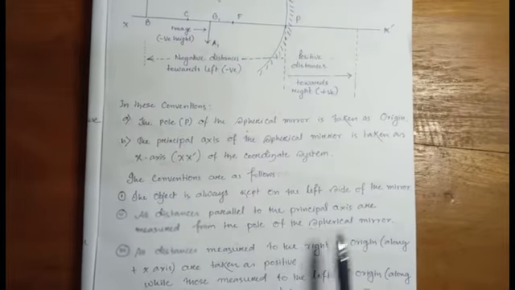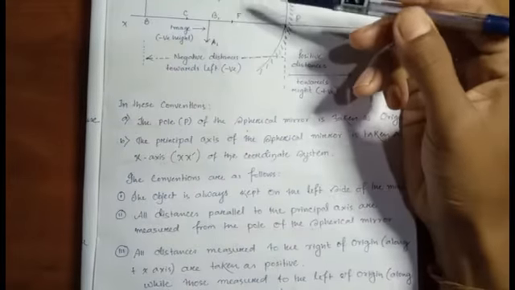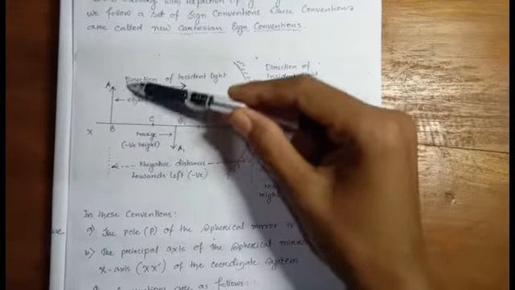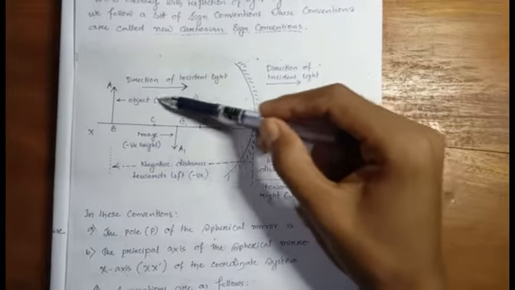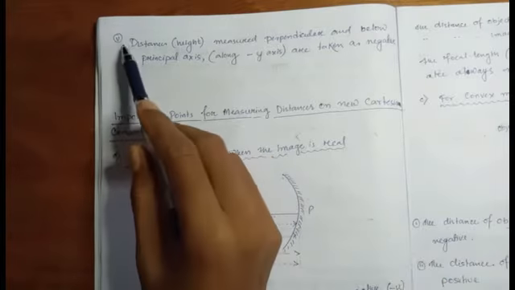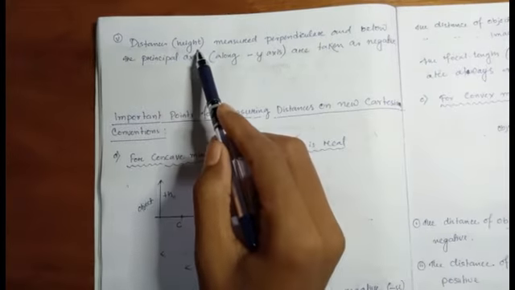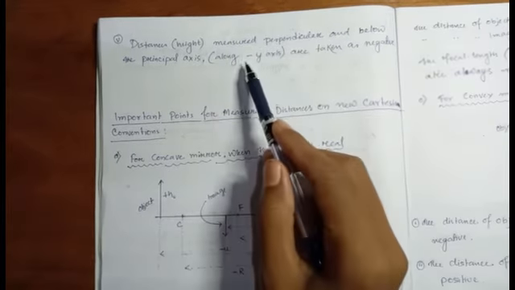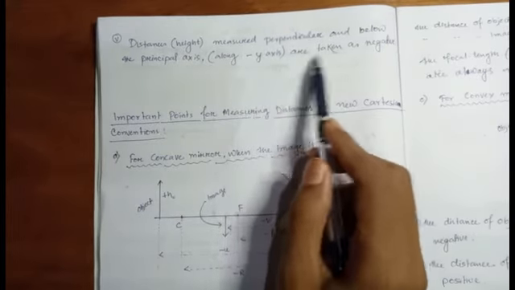So while measuring the height of the object, perpendicular and above the principal axis, this height will be positive. Next, number 5, the distance, that is the height measured perpendicular and below the principal axis, that is along the negative y-axis, is taken as negative.